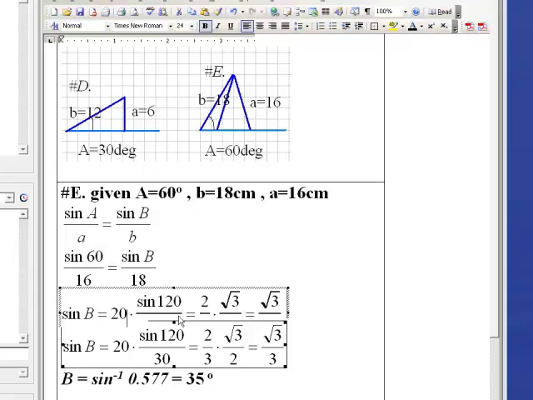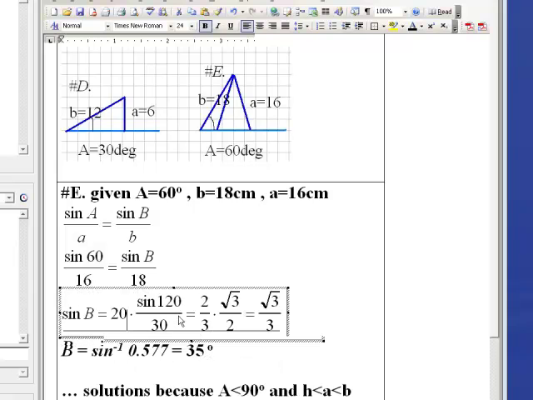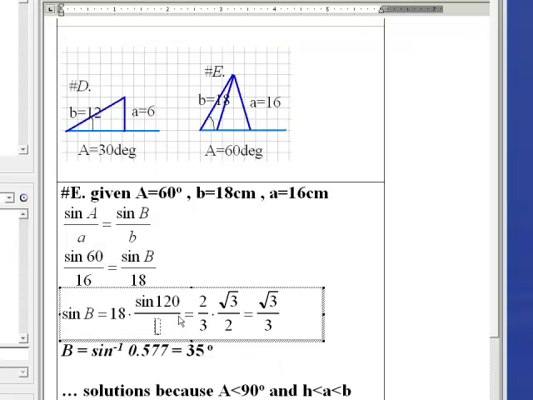In order to solve for sine B, it's 18 divided by 16 here, and then times sine of 60 degrees. 18 over 16 is the same as 9 over 8. Either way, times the square root of 3 over 2.